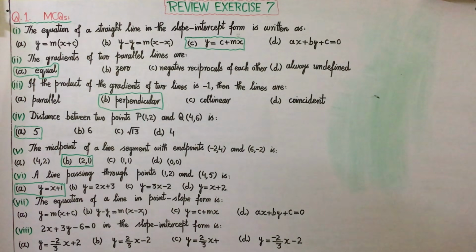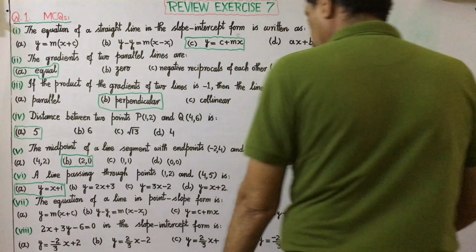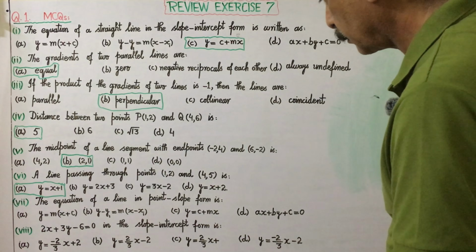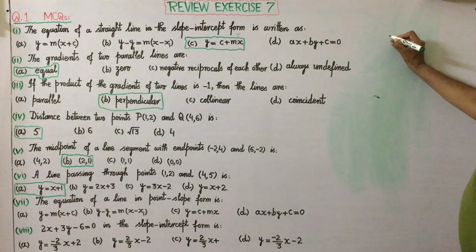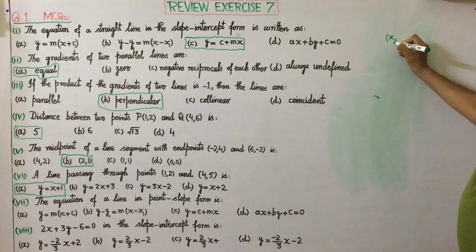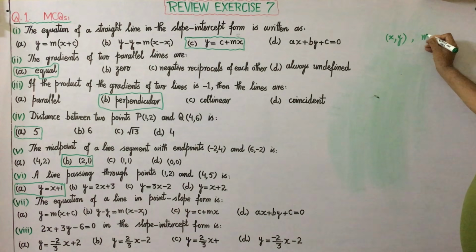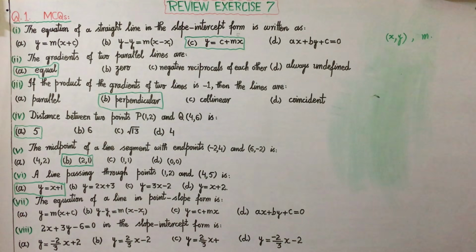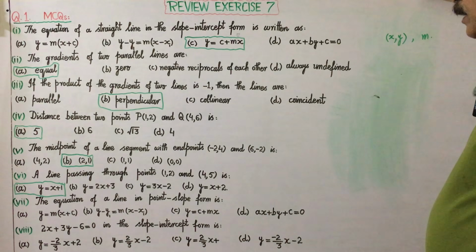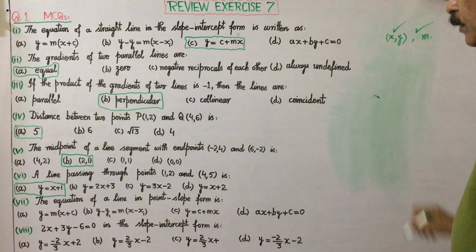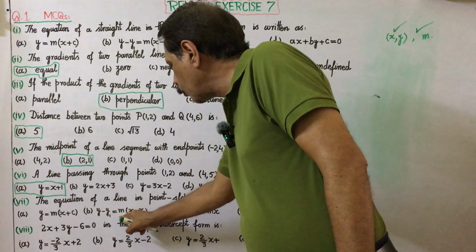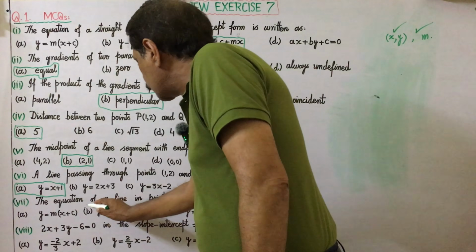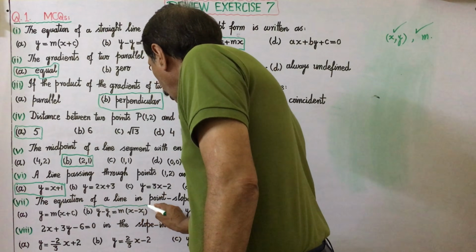In point slope form, a point is given and slope is given. So we know that the equation of a line when one point and slope is given, the equation is y minus y1 is equal to m into x minus x1. So B is the correct option.